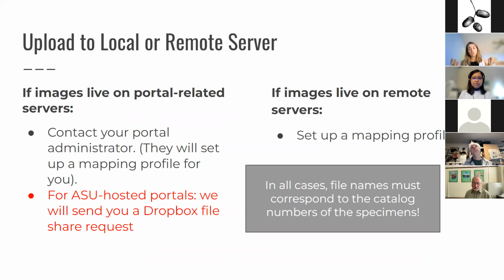If you're uploading a bunch of images that don't already have records in your catalog or your collection, that's totally fine. There is a default action that this can take so that it will just create a brand new record for all these images that come in. It'll just be a very, very skeletal record of only a catalog number or whatever unique identifier is in the image name plus an image.